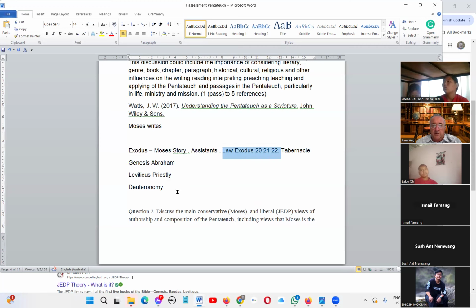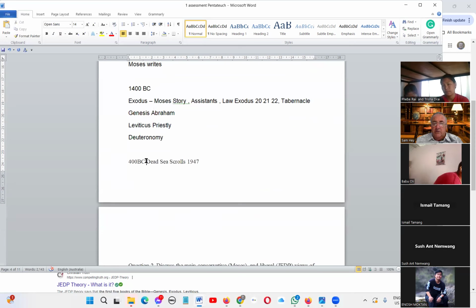And we can read those writings in the Dead Sea Scrolls. And so in 1947, when the caves of the Dead Sea were explored, they found copies of these books, which date back to 100 BC, 200 BC, maybe even 400 BC.